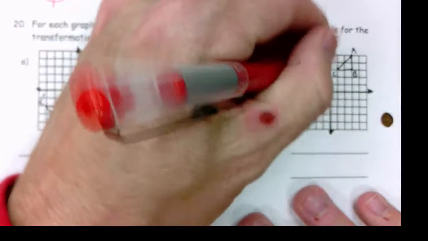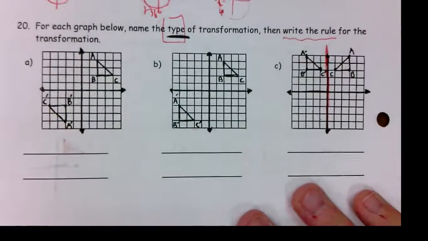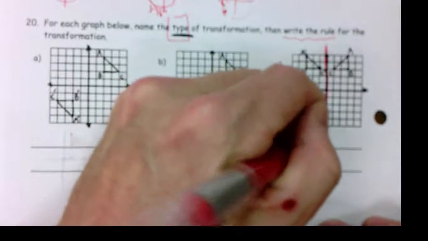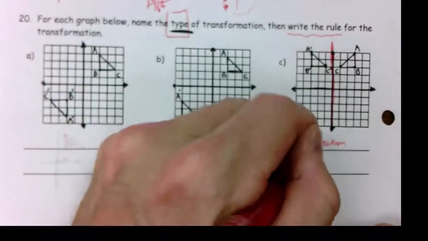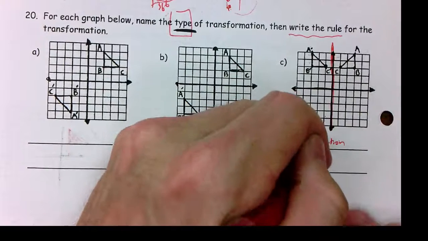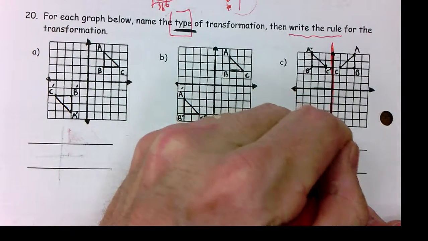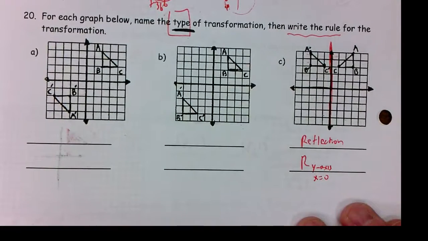And this is the line of reflection, the y-axis. So I'm supposed to write reflection here, and that would be a capital R, and the line I'm reflecting across is the y-axis. Or you could have written x equals 0. Either one of those would be fine.